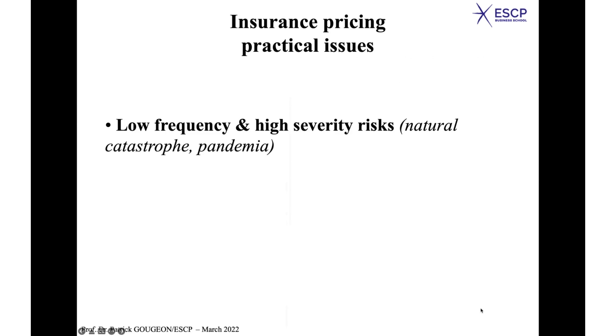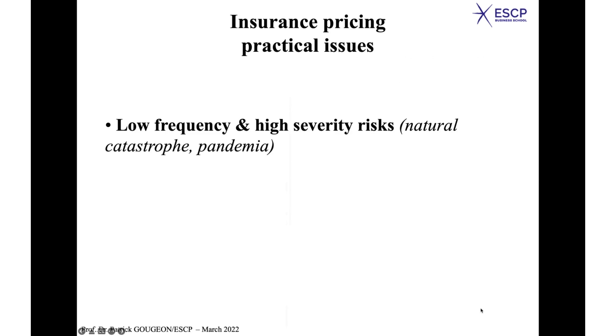Indeed, the estimate of the expected loss is very difficult because the frequency is low, and low probabilities are very difficult to handle. So all this calculation is very tricky. It means that even if you have numbers, the numbers would not be quite reliable.